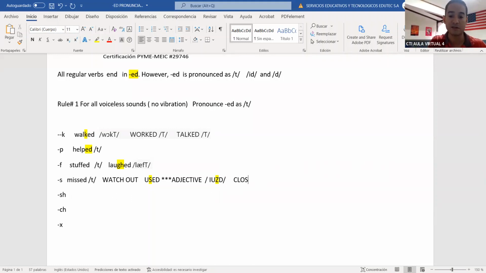Another one, which has the same rule, is when you say cerrado or cerrar. When you say cerrar, you say in English close. You see, you have the Z sound, so you say close. Now, what happens if you have cerrado, the adjective? You are not going to say closed with T, you are going to change it.